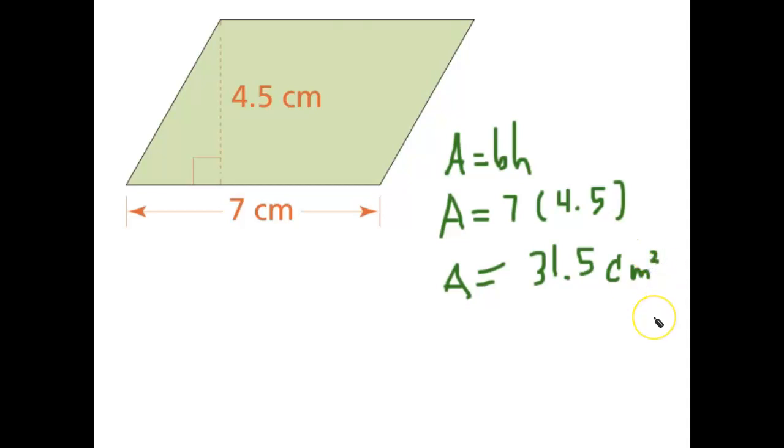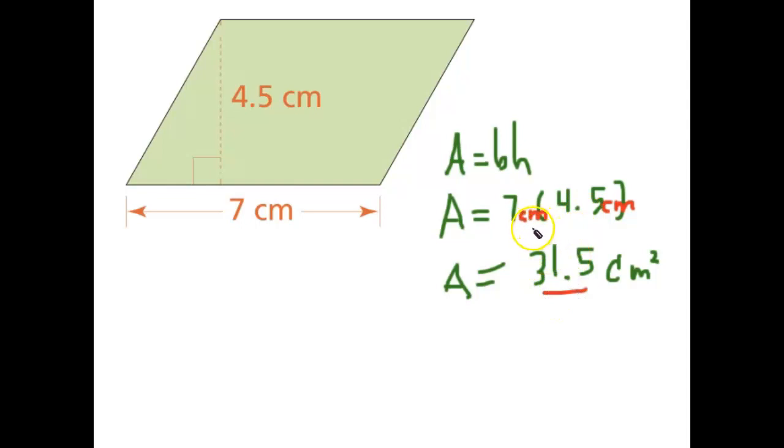If you're asking why it is square centimeter, just a little review of our law of exponents. If you remember the law of exponents, when you multiply 2 units, it will be square units. Originally this is 7 centimeter, right? We're just going to put it here to see why it's a square unit. You multiply 7 times 4.5 gives you 31.5.